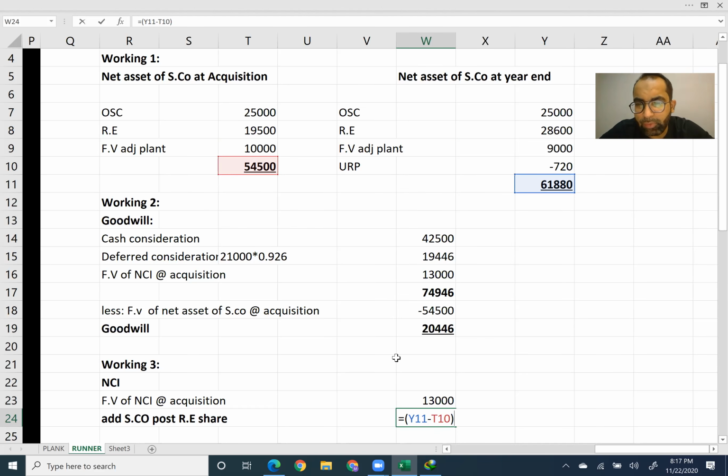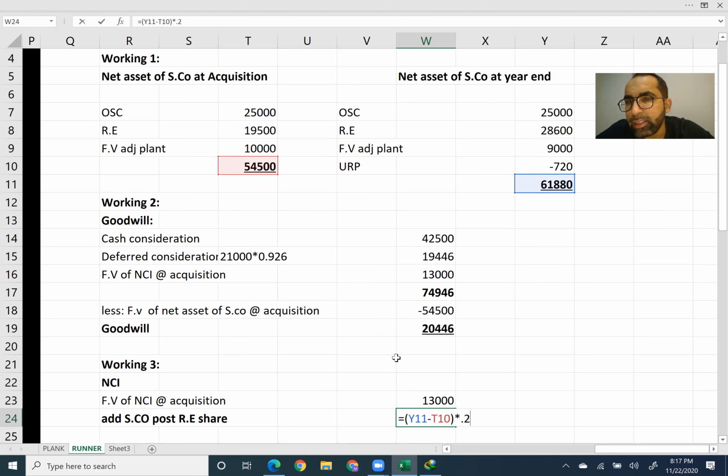I have applied the formula. Multiply by, our holding percentage in this question is 80, so NCI holding percentage must be 20. Y11 minus T10, multiplied by 0.2.